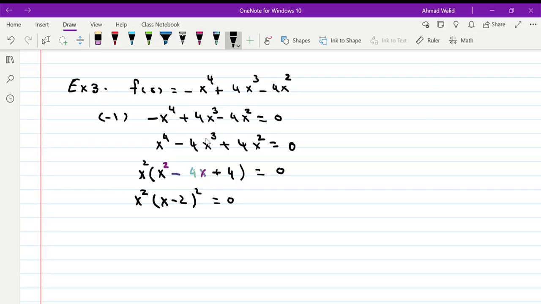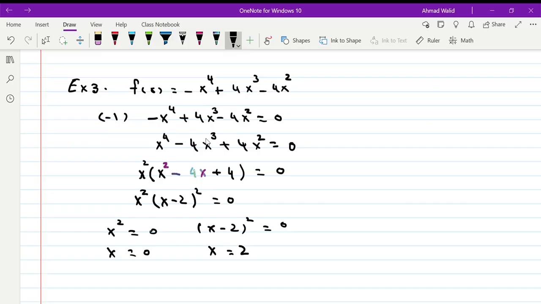Now, from here, x squared equals 0 means x is equal to 0. X minus 2 squared equals 0, which you can say x is equal to 2.